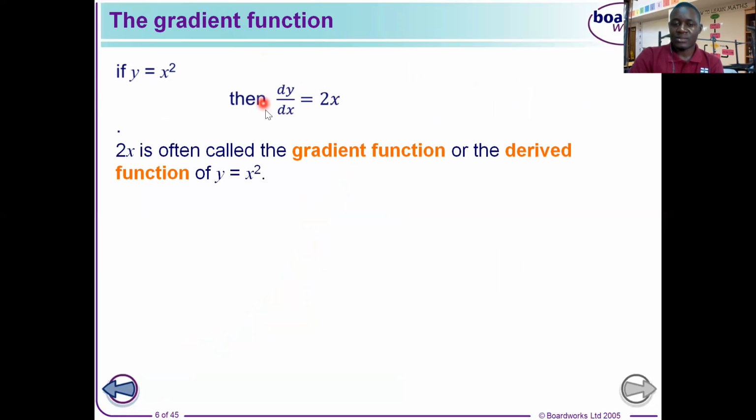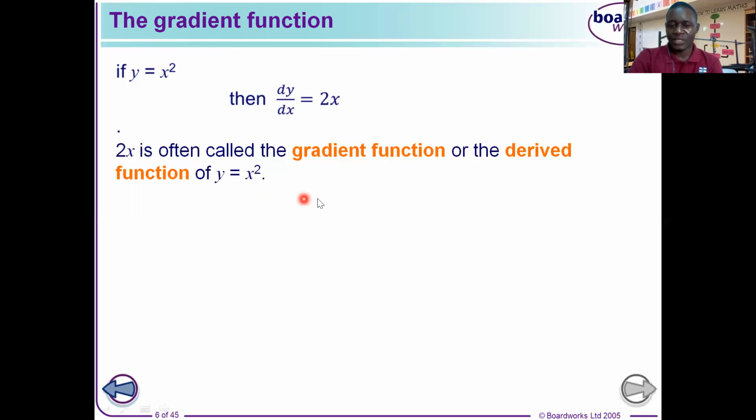It is referred to as the gradient function because it simply helps us to calculate the gradient. It is a function, an expression or an equation that helps us to calculate the gradient. So our dy/dx in this case is 2x, and it is what is required to calculate the gradient of the function y equal to x squared.